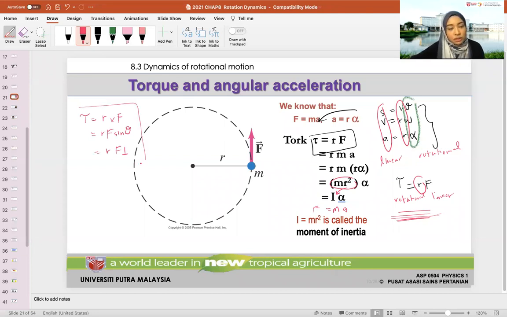This was our first equation that we used for our free body diagram and to determine whether something is in rotational equilibrium or not. This is another equation: torque is equal to I alpha, so your second equation, where I is the moment of inertia and alpha is your angular acceleration. It kind of looks like F equals ma. So what is moment of inertia? We're going to talk about that. So this is number 2.